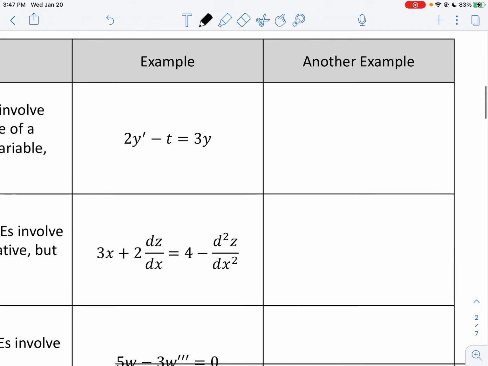So let's give another example. I'm going to use u's as my dependent variable and x as my independent variable. You can write any equation you want involving u's and x's.